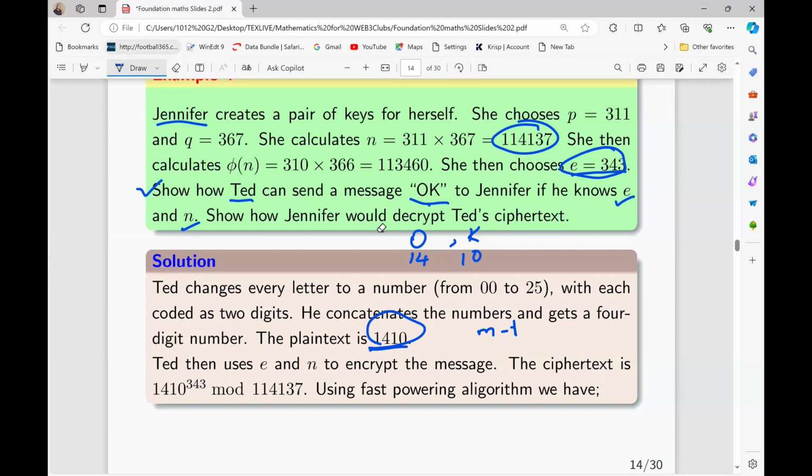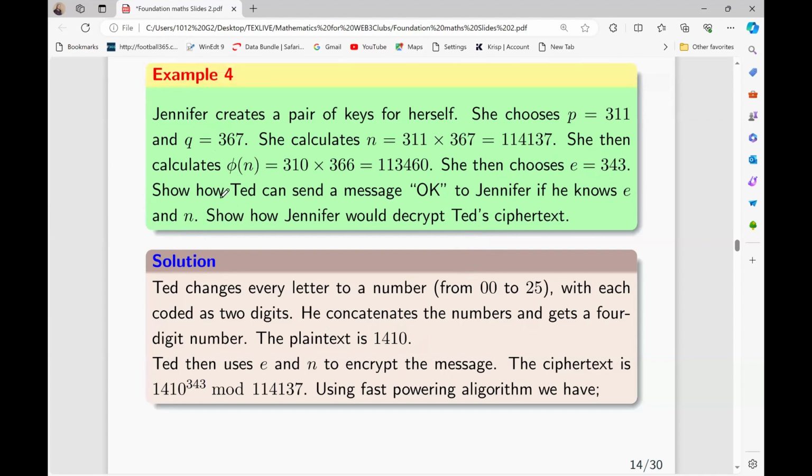Fortunately, this number is less because our M, where is the M? This is the number here, 11, 41, 37, our N. So that means we can encrypt it the way it is without breaking it. But if you wanted to break it, there's no problem. You'll still get the same result. And remember, if you are to break it, then you have to send those blocks individually. You send all the blocks, but you don't unite the blocks.